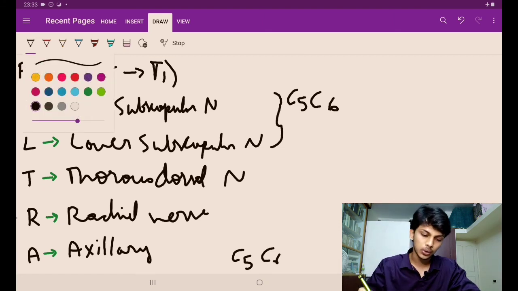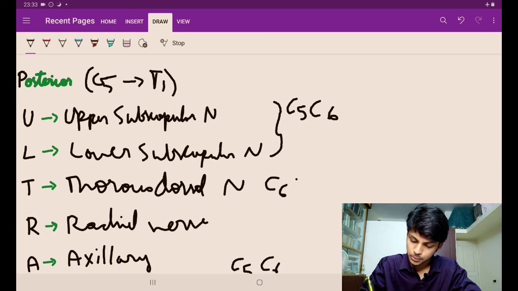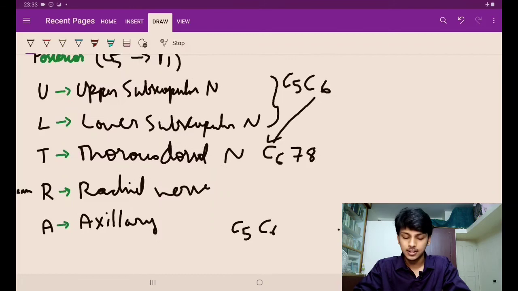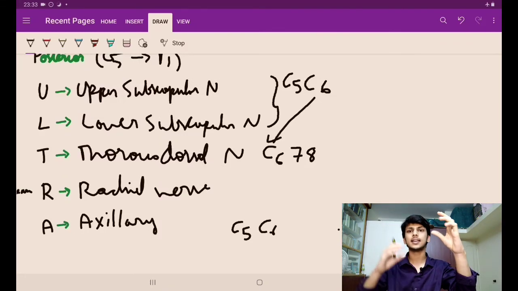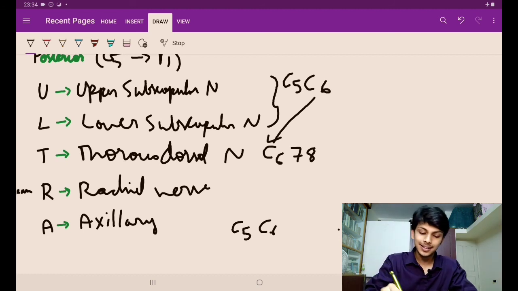Then there is the thoracodorsal nerve, which has the root value C6, C7, C8. See here, C6, C7, C8. Upper and lower subscapular have C5, C6. The third one, C6, C7, C8. Then there is an interesting nerve called the radial nerve.